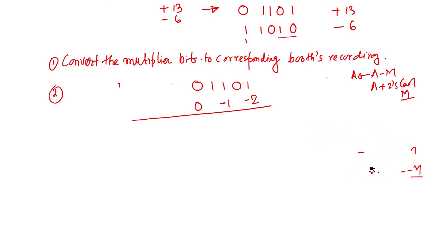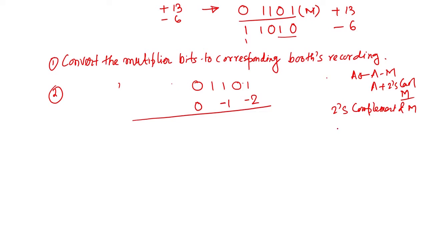First we have to find the 2's complement of the multiplicand. So, the multiplicand is this one. What will be the 2's complement in 5 bits? So, the 2's complement of m, which is obviously the multiplicand.